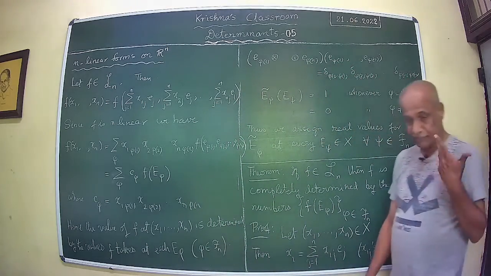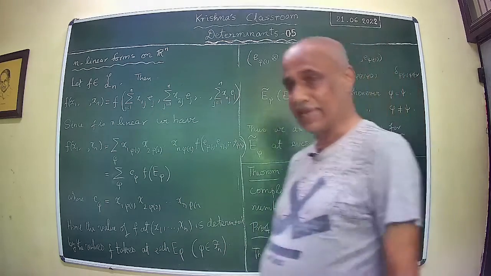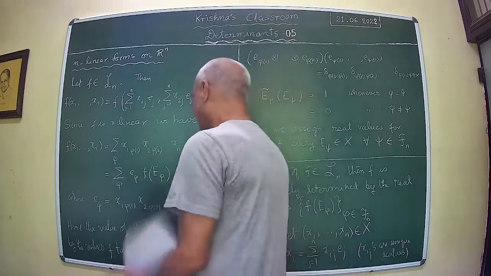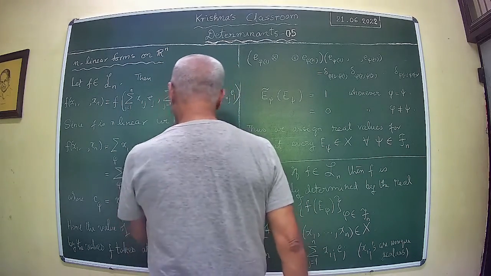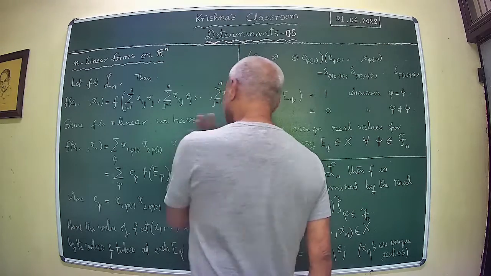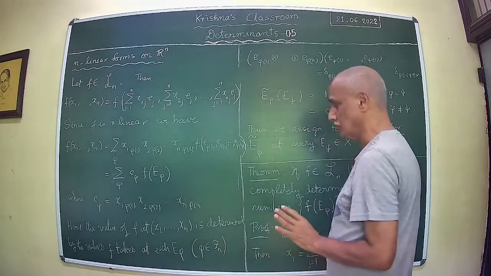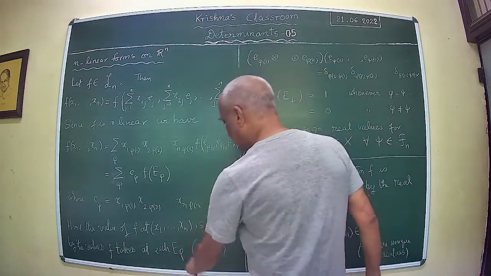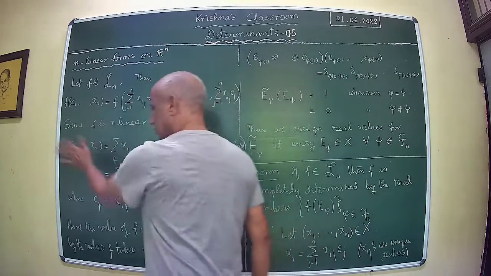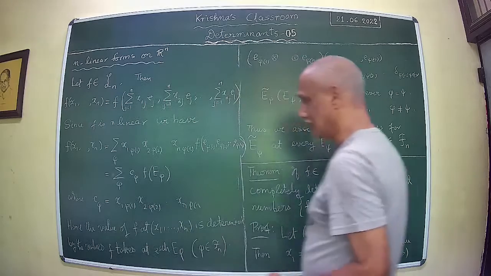So you don't have to specifically say what exactly this is. All that we need is to fix f at e phi 1, e phi 2, etc., e phi n, or rather capital E phi, then f is uniquely determined.